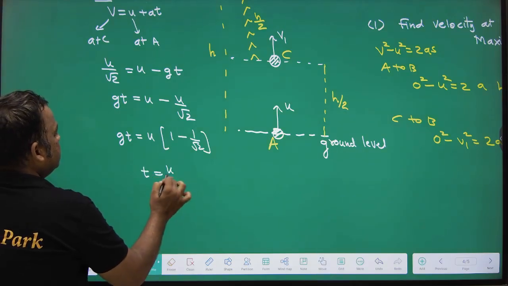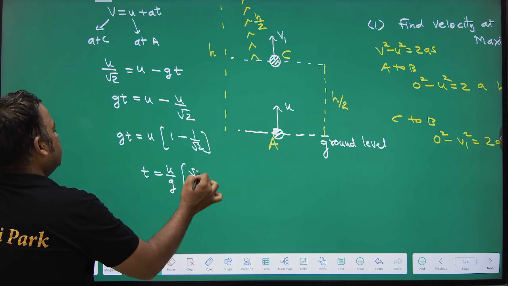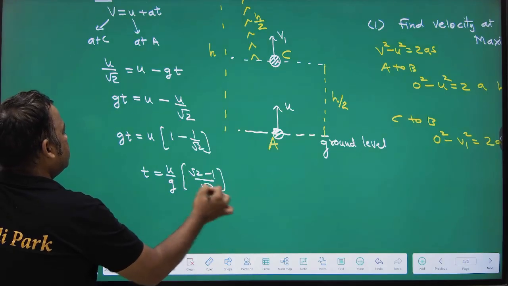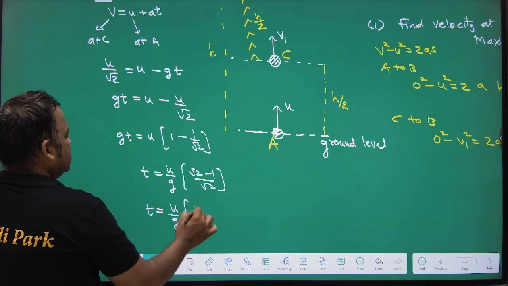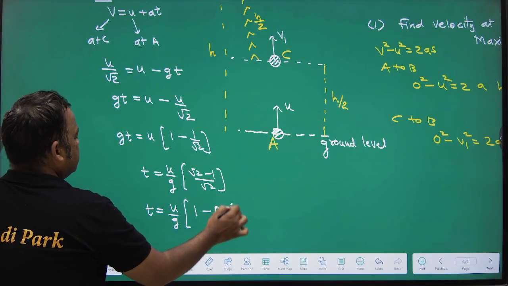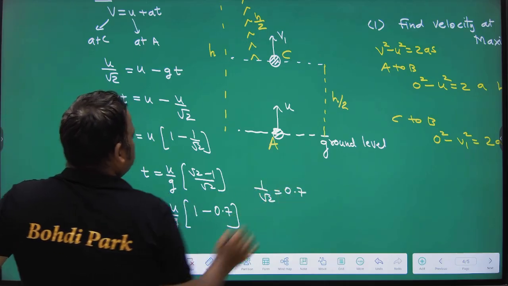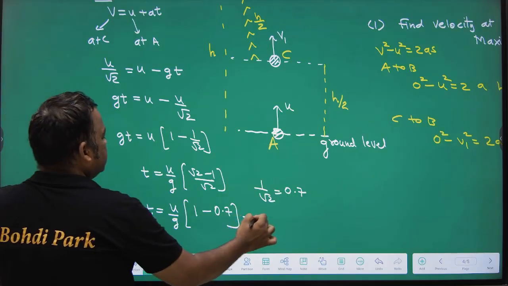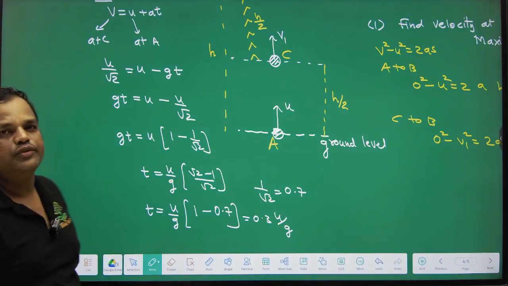So we have T is equal to u by g into root 2 minus 1 by root 2, or numerically we can also say it is u by g into 1 minus 0.7, 1 by root 2, approximately I am taking 0.7. So this is 0.3 times u by g.